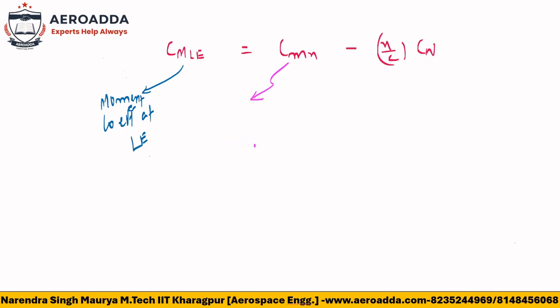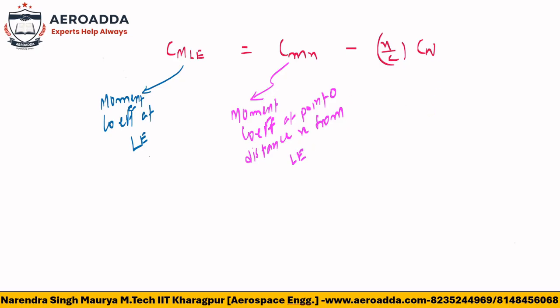Next, CMX is the moment coefficient at point O, at distance x from the leading edge.